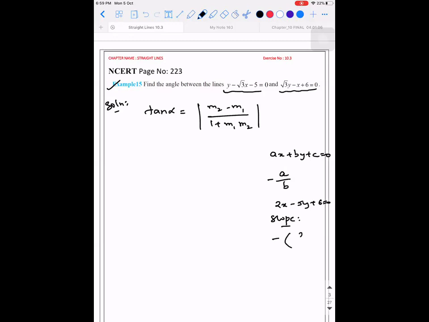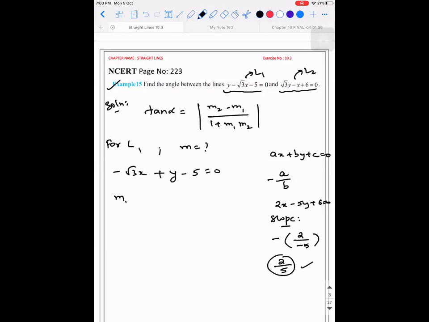So minus 2 divided by minus 5, that will be 2 by 5. In a similar way, what are the lines that are given? If you take this as line 1 and this as line 2, for line 1, what is the slope? Root 3. Yes. M1 is root 3. Similarly, for L2, what is the slope?